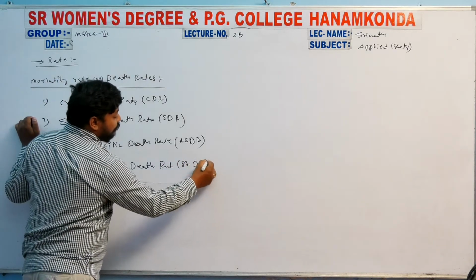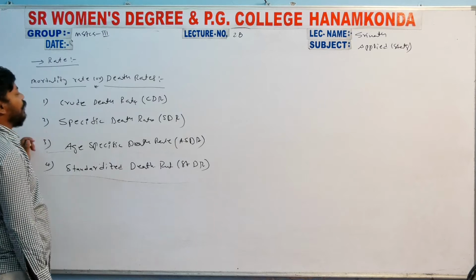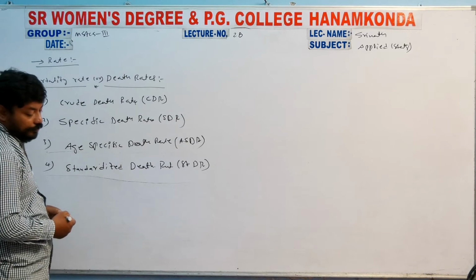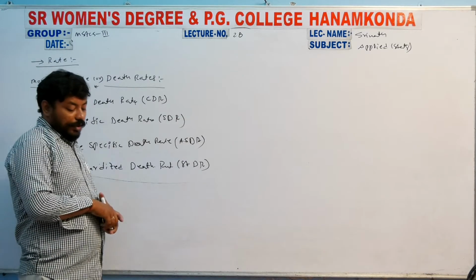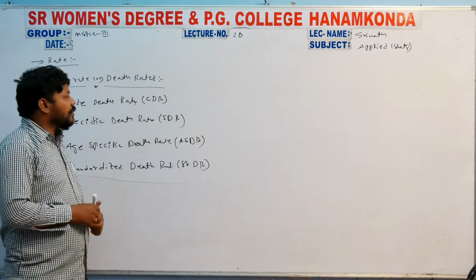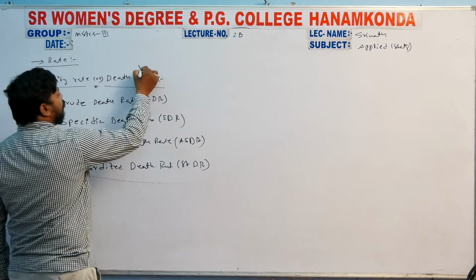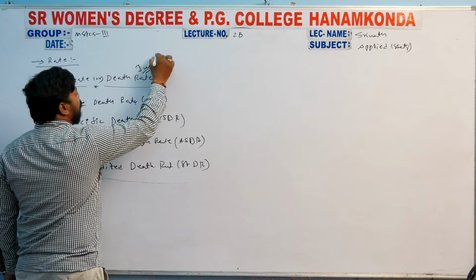These are the four types of mortality rates. Very important, 100% question.